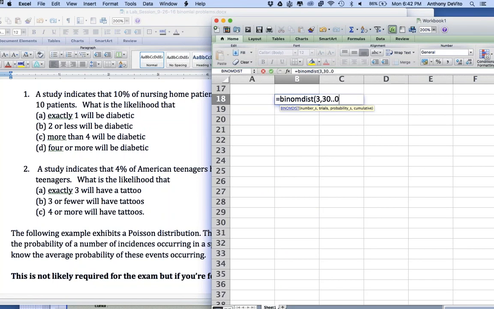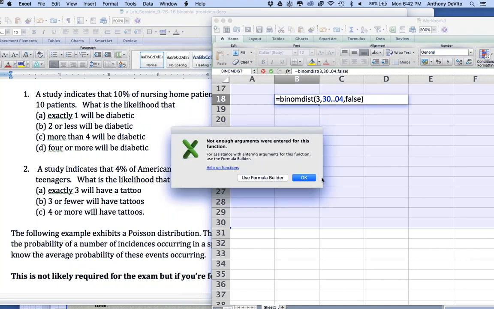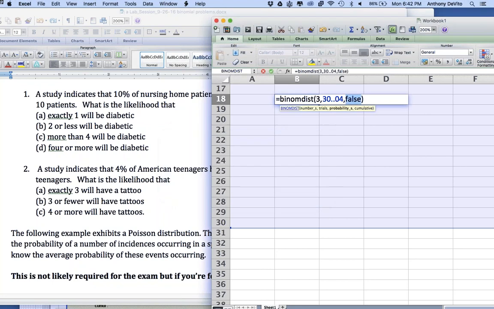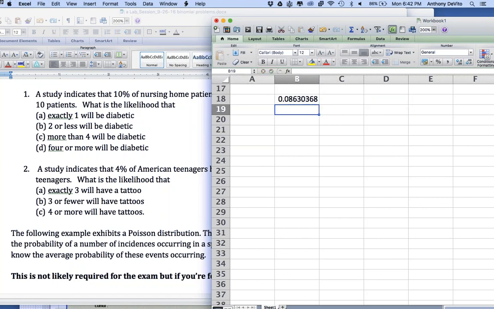The probability is 0.04, comma, and since I'm only interested in that exact outcome, exactly 3, I'm going to say false for cumulative. Oops, I put an extra period in there. Get rid of that period, and comma. There we go. That should work now. 86%.